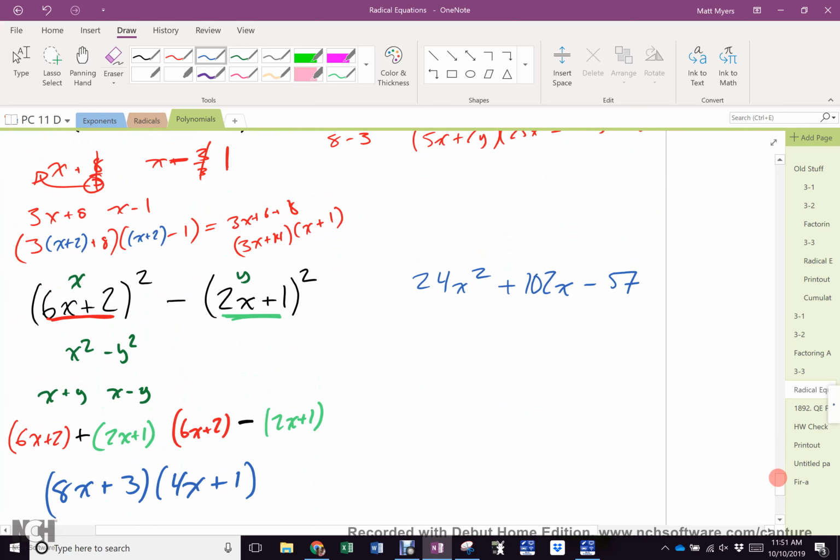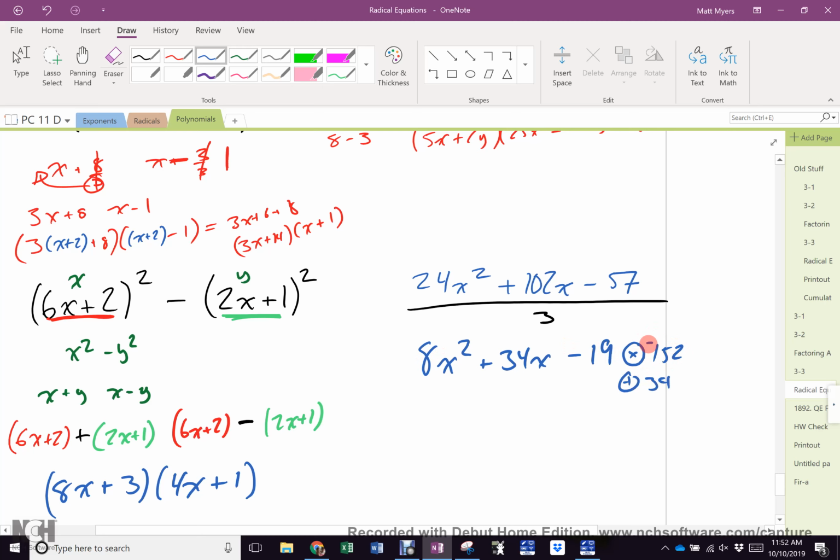And lastly, I'm going to divide all of that by 3 and get 8x squared plus 34x minus 19. 8 times 19, I got to multiply to 152 and add to 34, negative 152.